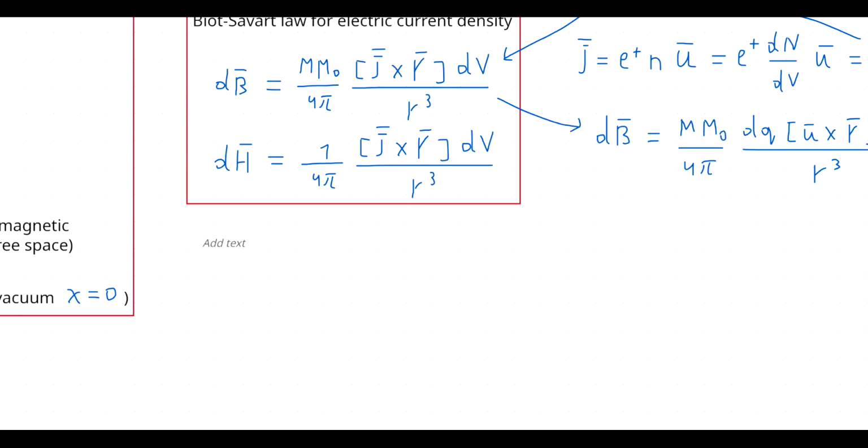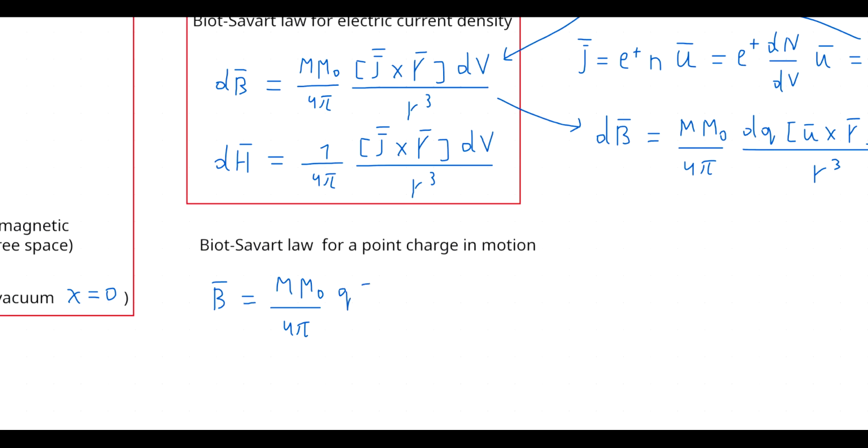It can be written as B, the vector of magnetic induction, equal to mu zero divided by 4 pi, and charge Q multiplied by V, the velocity of the electric charge, and R. R is a vector that begins at the point charge and ends at the point where we want to calculate the magnetic field.